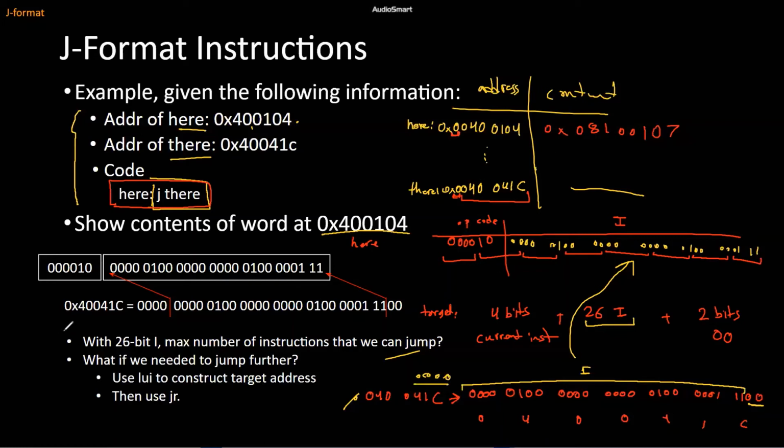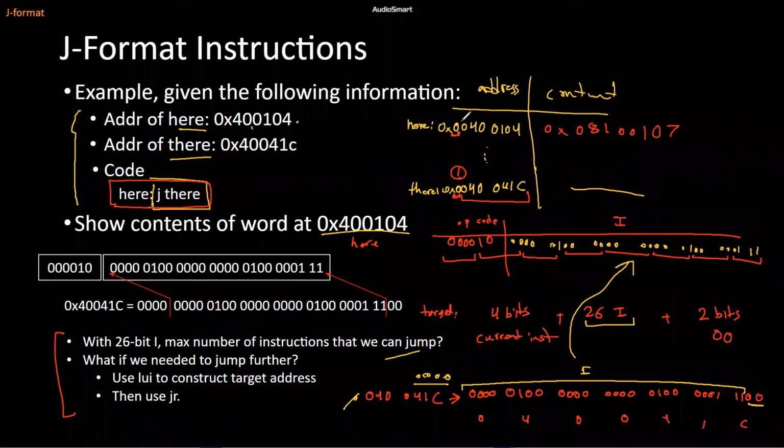The last thing on this slide is actually very important. What if the location that you want to jump to is larger than this? For example, if your address here was that number, but here you had 1.